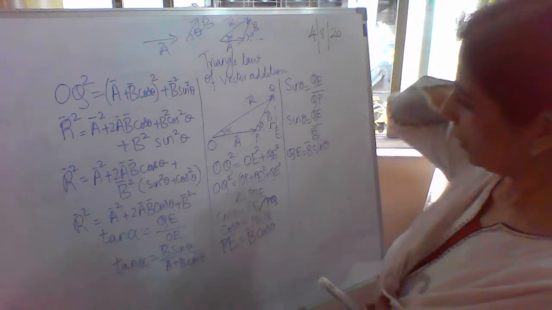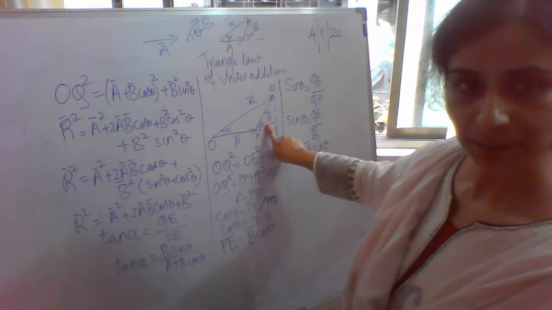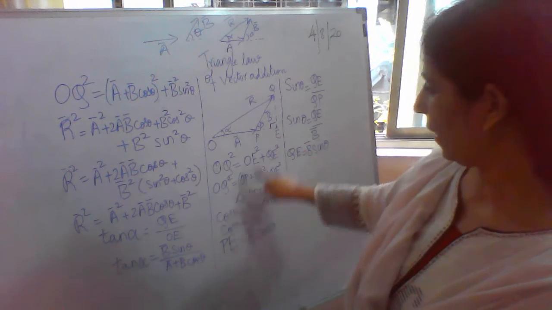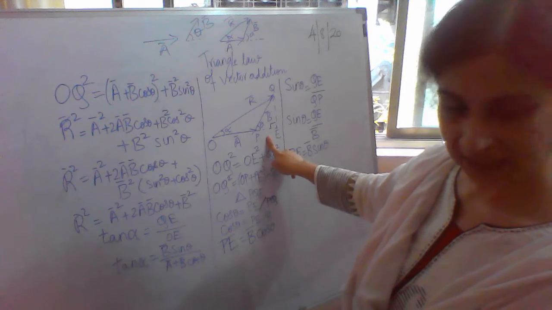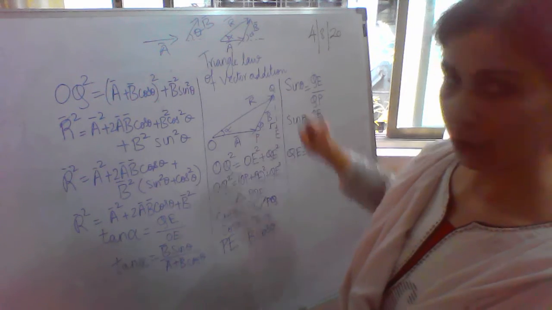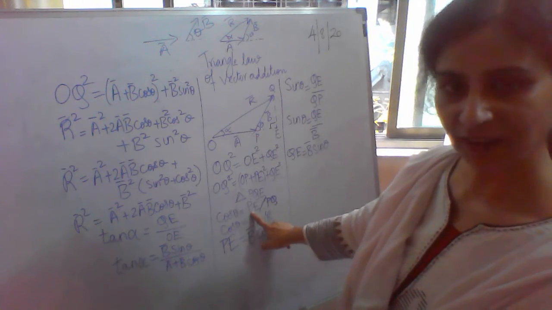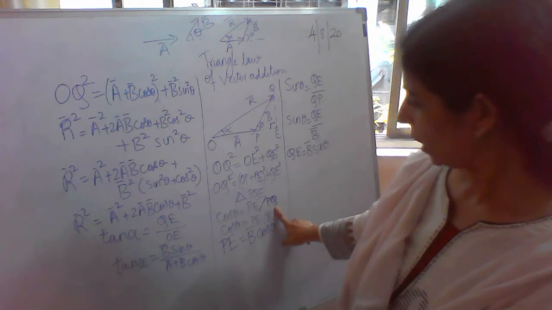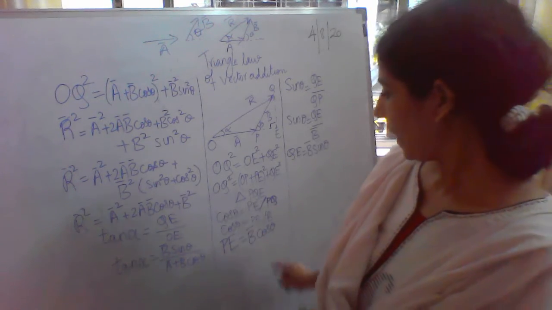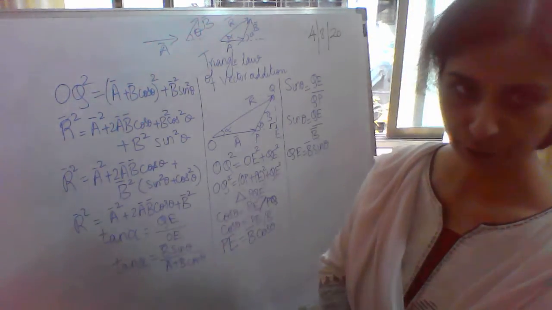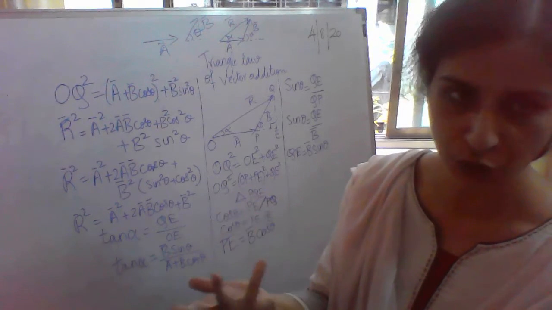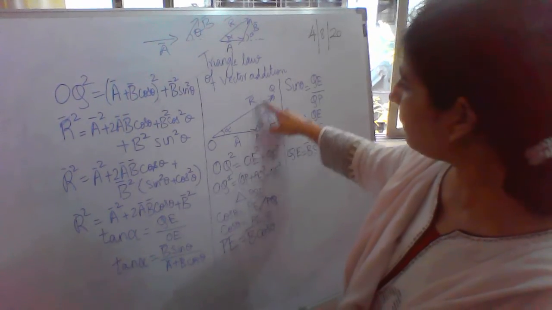Now what is cos theta in this triangle? PE, the adjacent side, divided by PQ. What is PE? We don't know the length of PE. But do we know PQ?